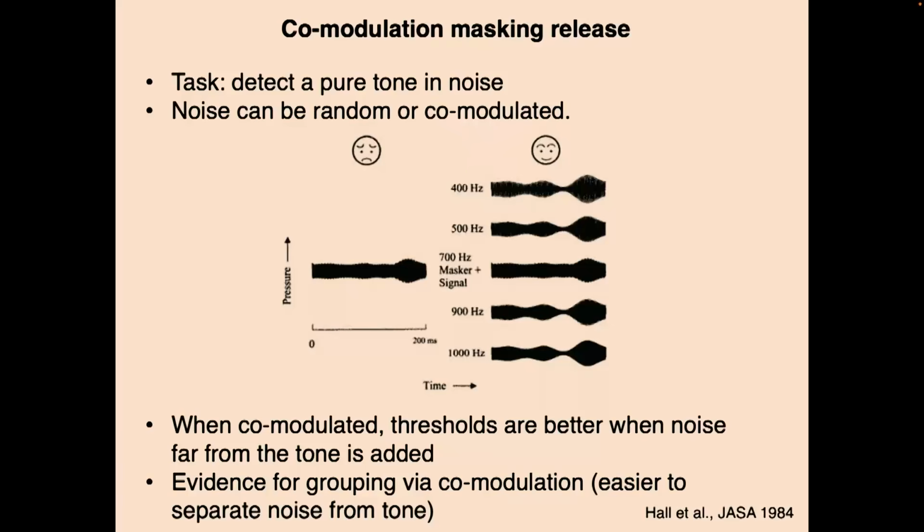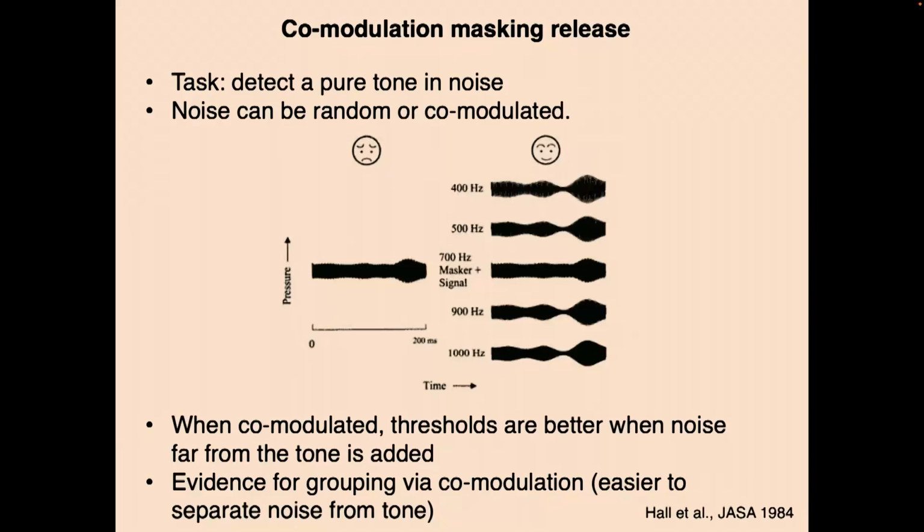And we call that modulation, or amplitude modulation. And in particular, there's a pretty well-known effect that seems to indicate that common modulation across frequencies tends to promote grouping. And I like featuring this particular example because it builds on the masking experiments that we talked about earlier in the course.